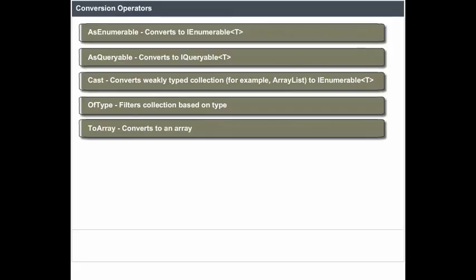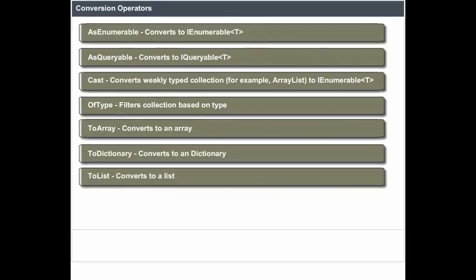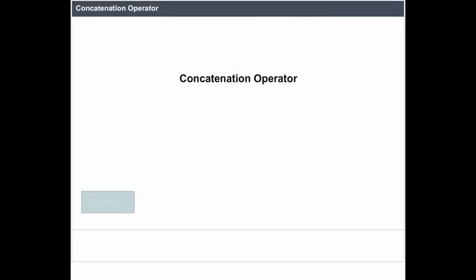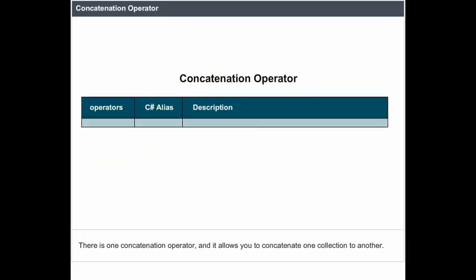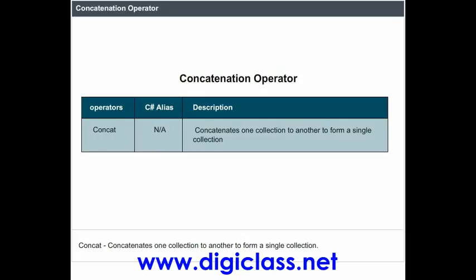ToArray converts to an array. ToDictionary converts to a dictionary. ToList converts to a list. ToLookup converts to a lookup. Concatenation operator. There is one concatenation operator and it allows you to concatenate one collection to another. Concat concatenates one collection to another to form a single collection.